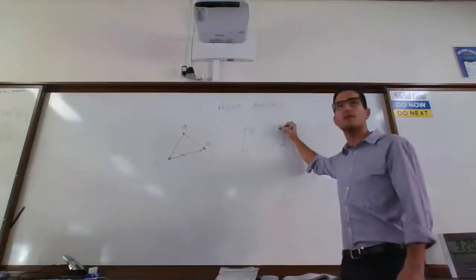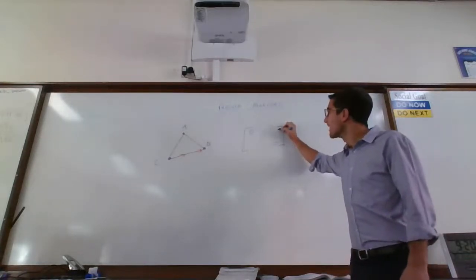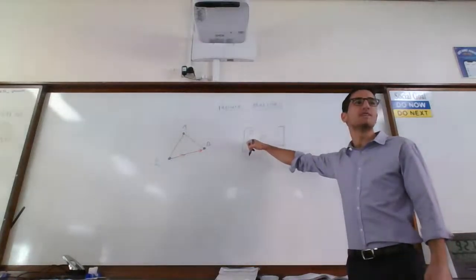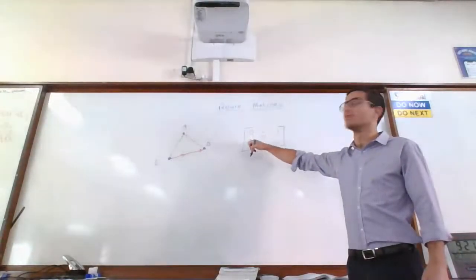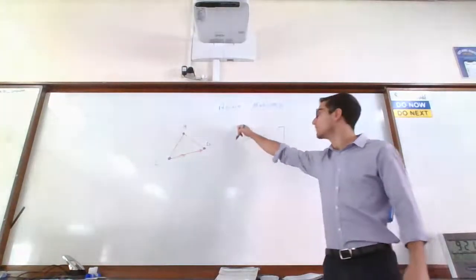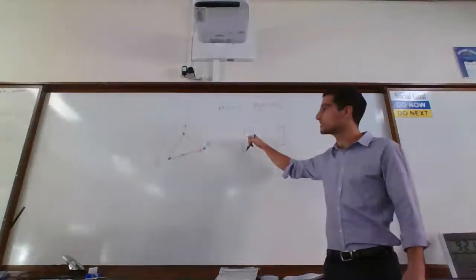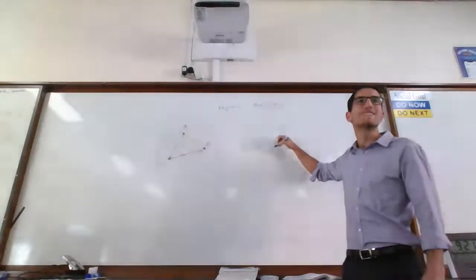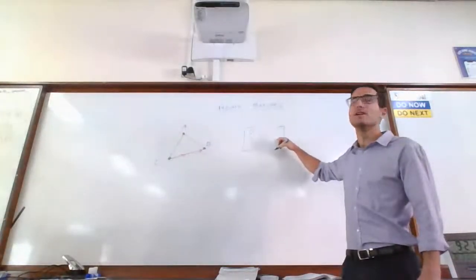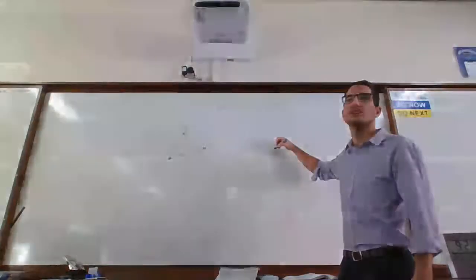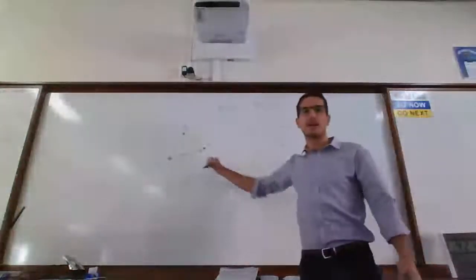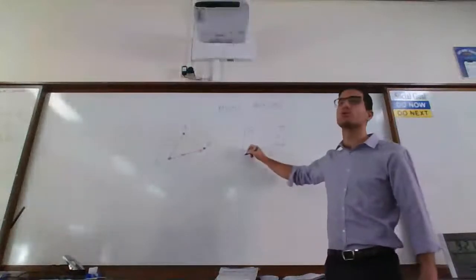Good. What does this one represent? B to A. So what goes there? 1. What does this represent? B to C. So what is it? It'll be 0, because that's a one-way road, so I can't go from B to C. What does this represent?